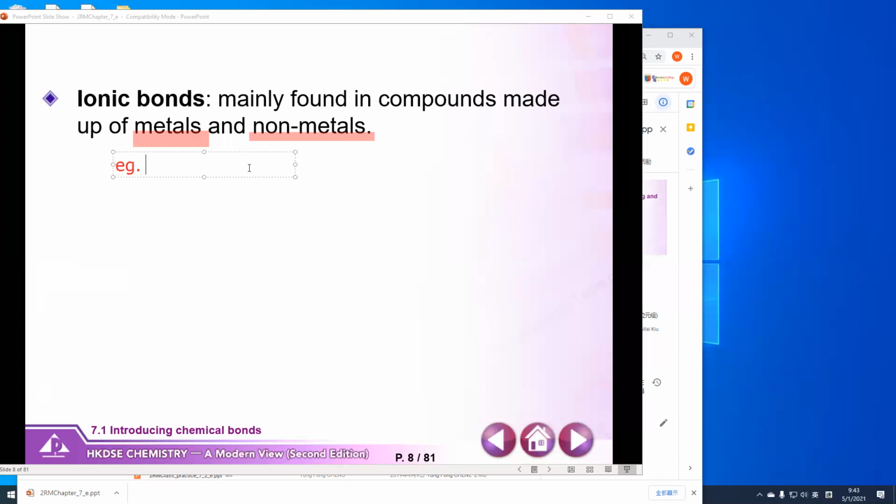Okay, for example, again, I use that example, sodium. Sodium as example. And for non-metal, I can also use another example. For example, fluorine.